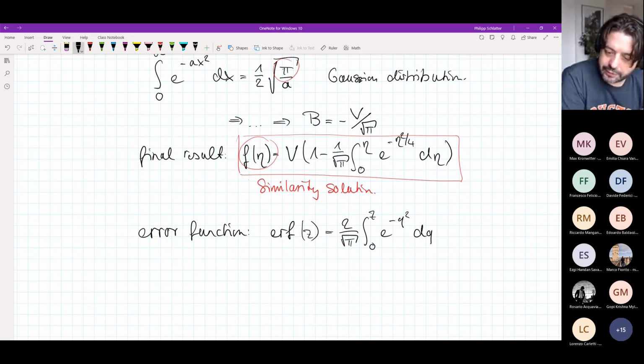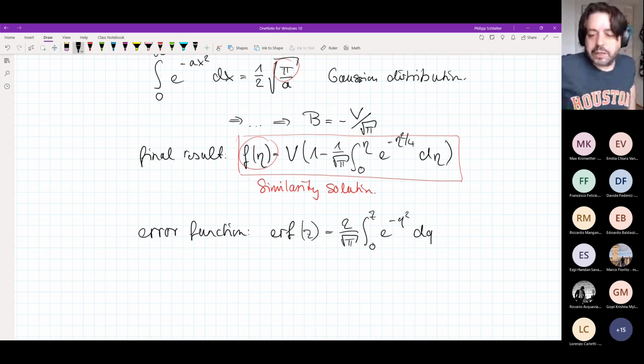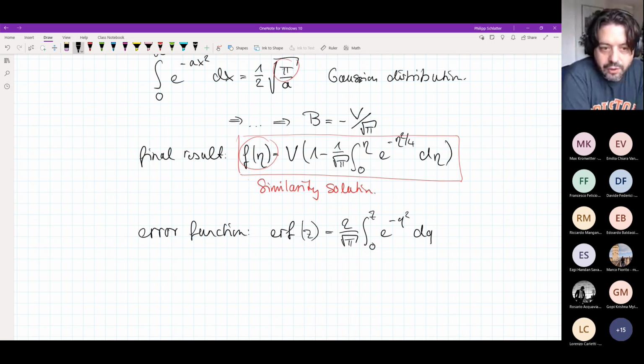So again, this is just a definition. This is a function that is implemented in various computer programs or calculators. And of course, it has its origin in Gaussian distributions.